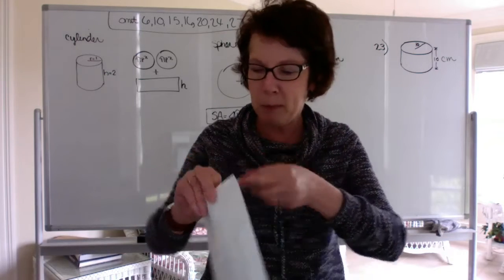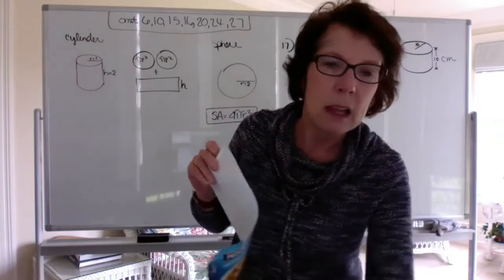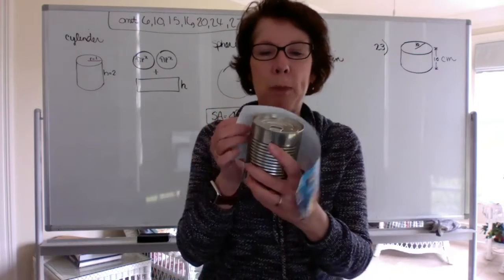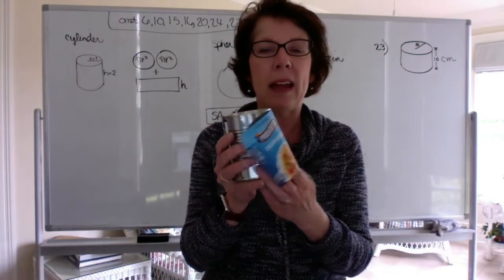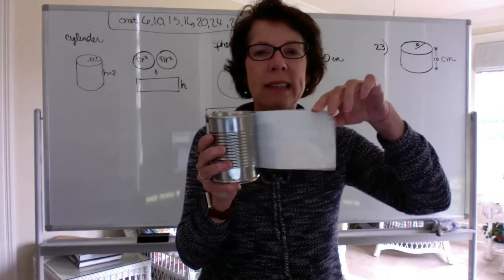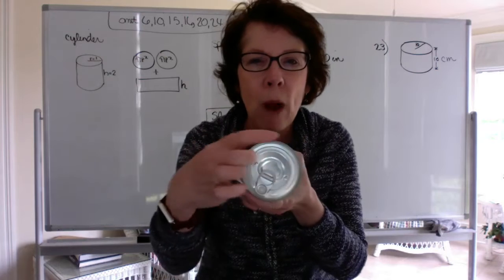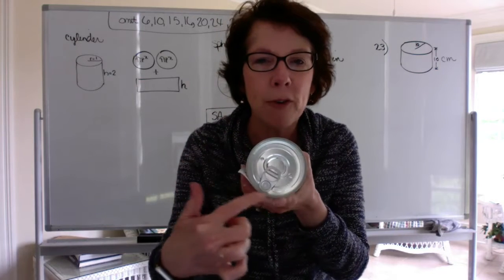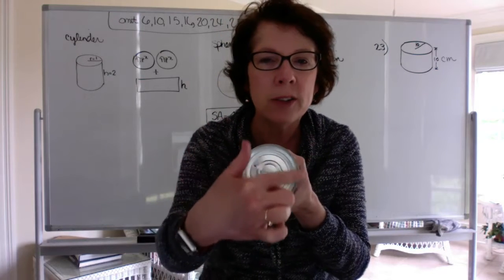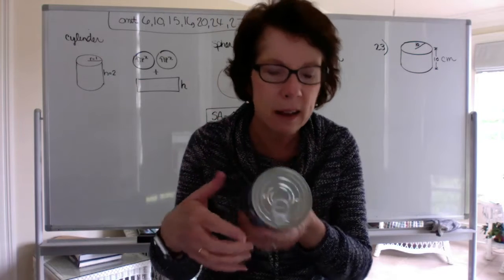Well, let me put my pen down a second. Let's think about what happens when we put this back around the can and figure out what this length is. Well, what does it wrap around? It wraps around the circumference of the circle on the lid.